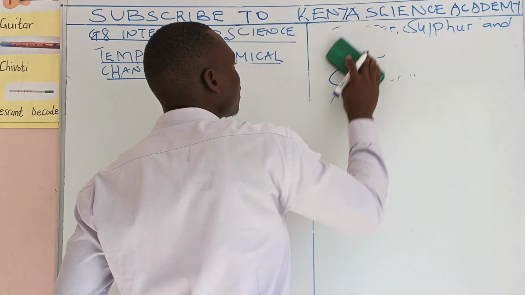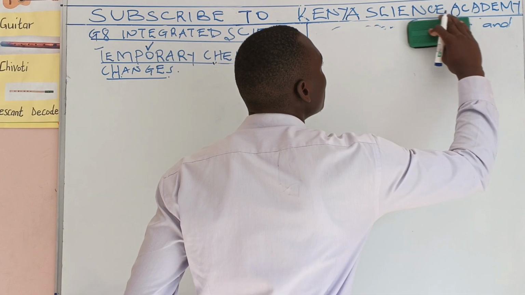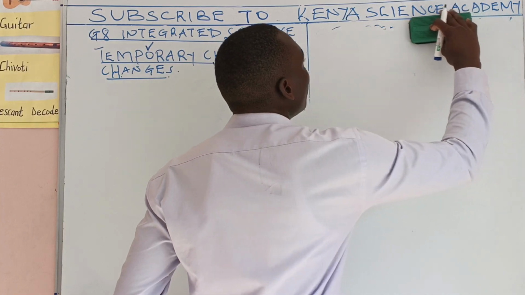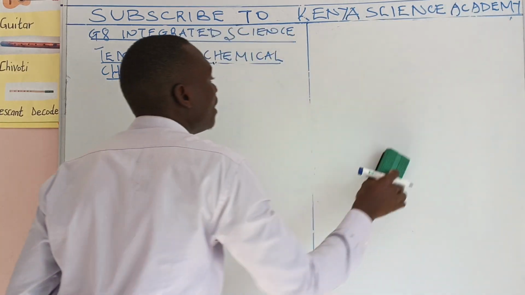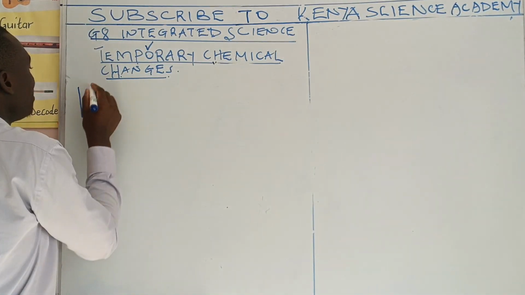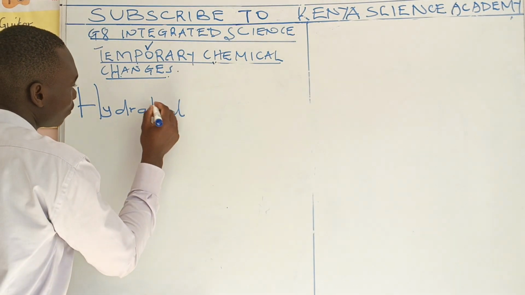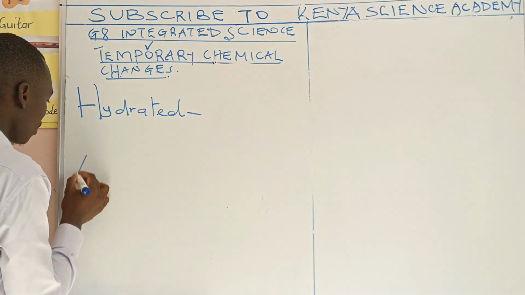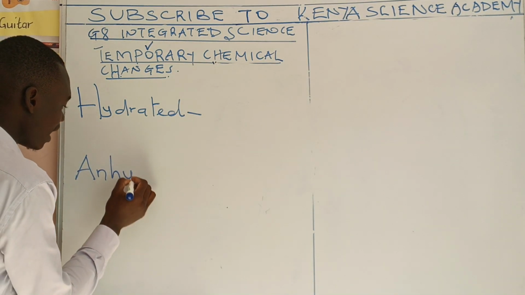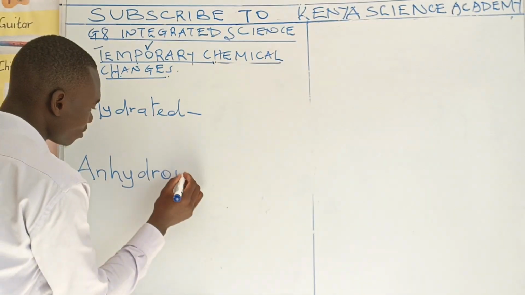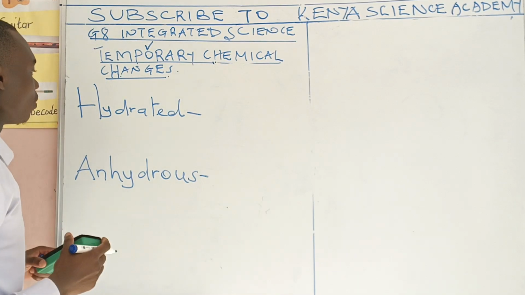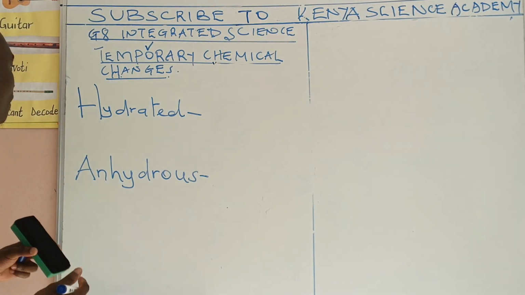So it therefore means that copper 2 sulfate can be hydrated, and it can also be anhydrous. Now, meaning of hydrated.